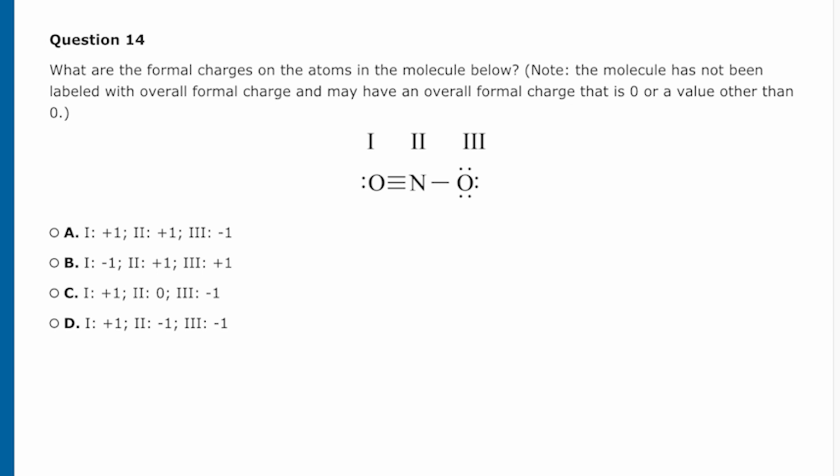All right, and so just kind of describe this if you're listening to this. We have Roman numerals 1, 2, and 3. Underneath Roman numeral 1, we have an oxygen with 2 little dots on the left, and I'll let you describe what those are, but I'm just going to tell you what I see.